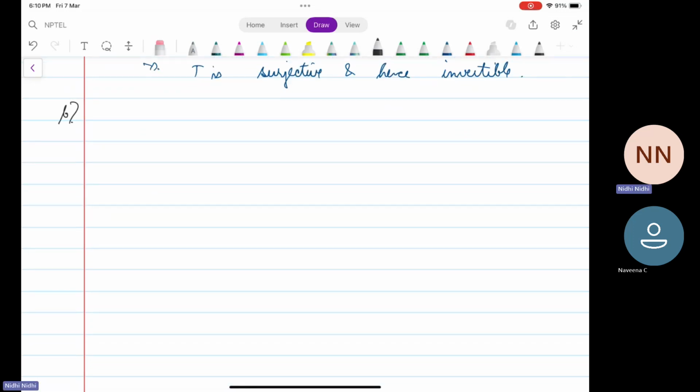Part B. Show that T star need not be surjective if T is injective.